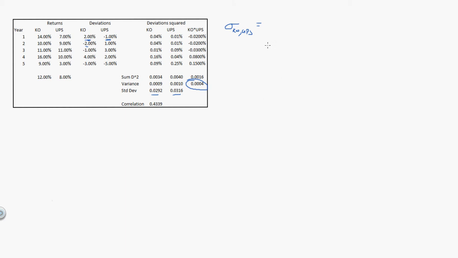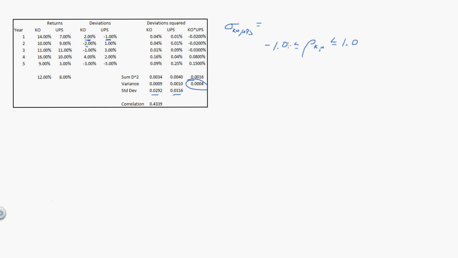But if I have correlation, you remember correlation from other classes, that's the lowercase Greek letter rho, between Coke and UPS, is always between -1 and +1. +1 means, hey, it's the same thing. They're doing exactly the same thing. They're tracking with each other. -1 means they're exact opposites.